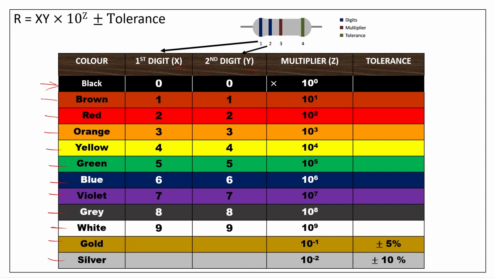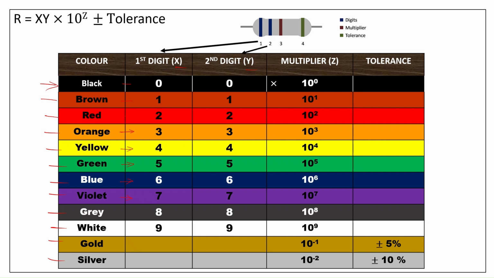That is, for black, 0. For brown, 1. For red, 2. For orange, 3. For yellow, 4. For green, 5. For blue, 6.